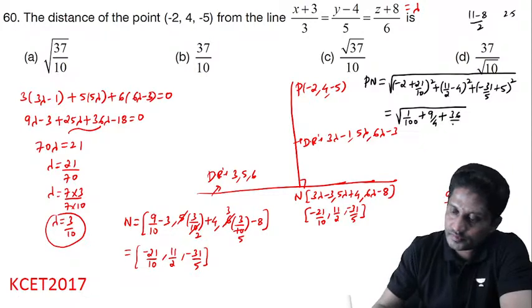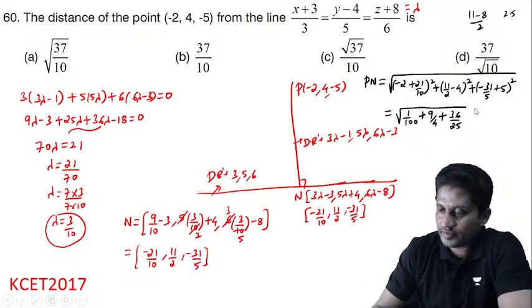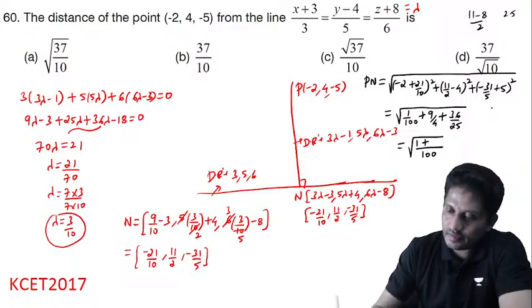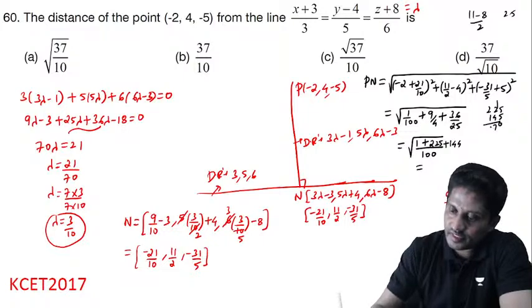You take 100 as the LCM. You will get 1 plus 25 into 9 is 225, plus 36 into 4 is 144. If you add, you get 370. Root of 370 divided by 100, that is equal to root of 37 by 10.